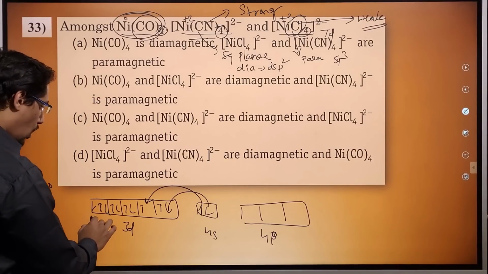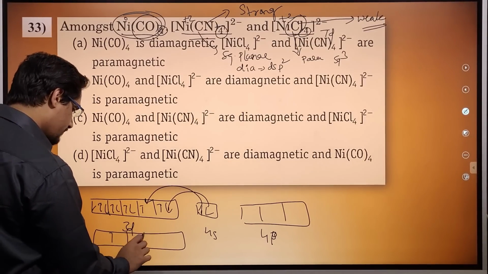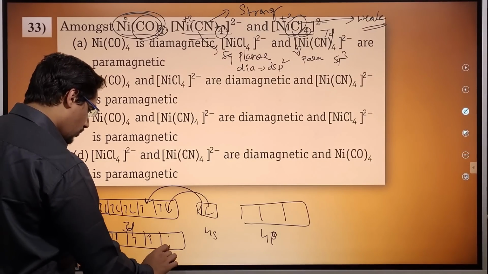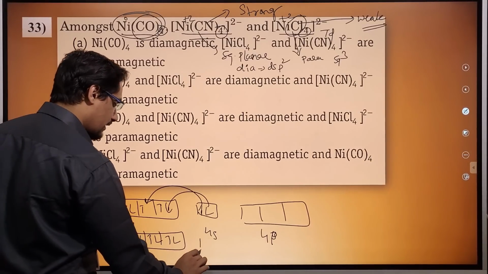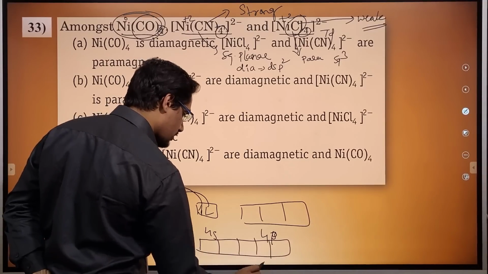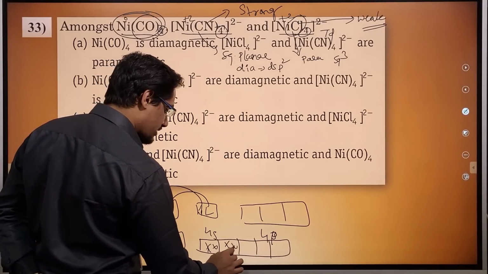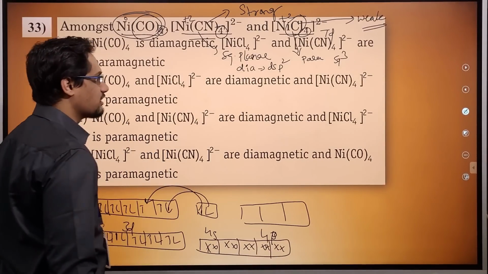So all of these orbitals get paired, 1 2 3 4 5 6 7 8 9 10, and it undergoes sp3 hybridization. So that's why it is diamagnetic and sp3 hybridized.